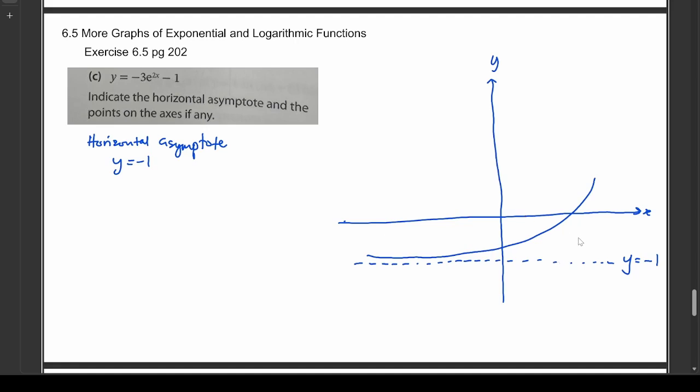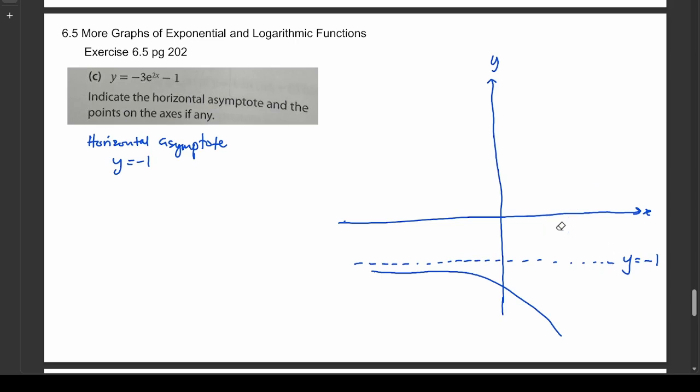The asymptote is not the x-axis. This asymptote is y equals to negative 1. So basically this one, you need to flip. So it's going to be downward like that. See? Then check your x. X is positive, so I don't have to flip on the y-axis. Okay? So it's going to look like this.